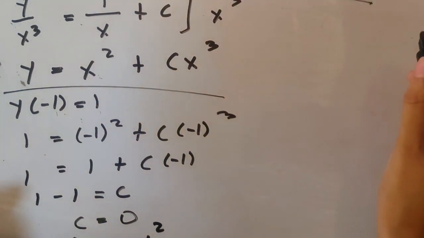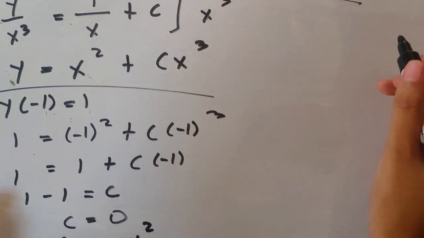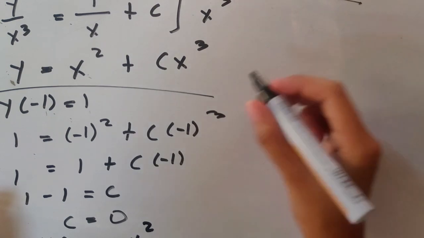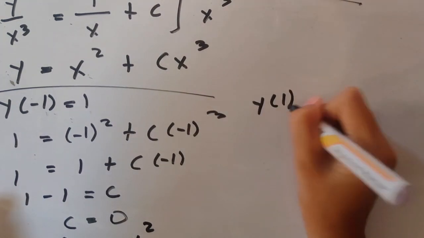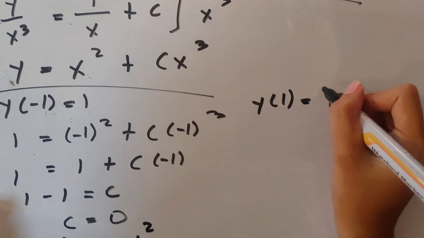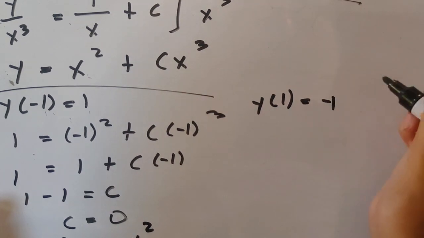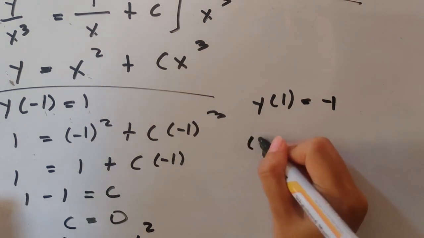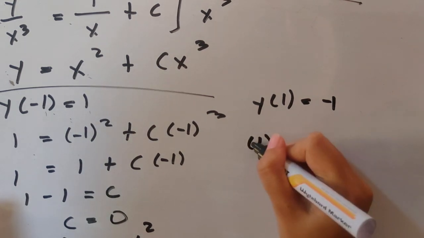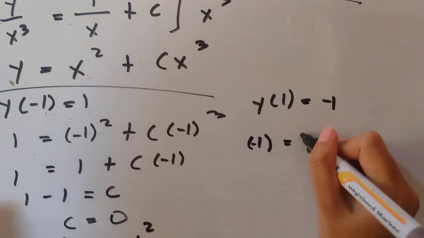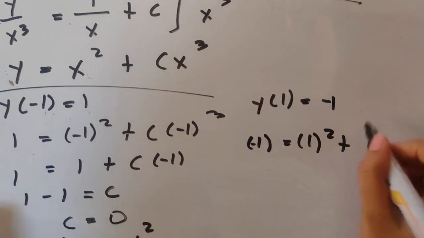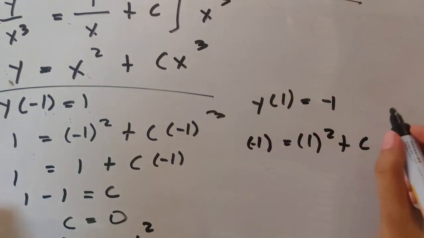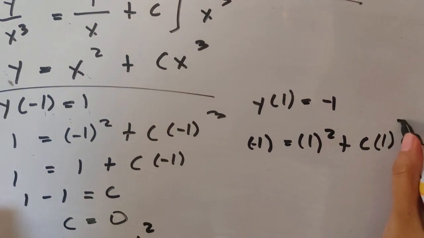So for our next condition, y of 1 is equal to negative 1. So negative 1 is equal to 1 squared plus c times 1 cubed.